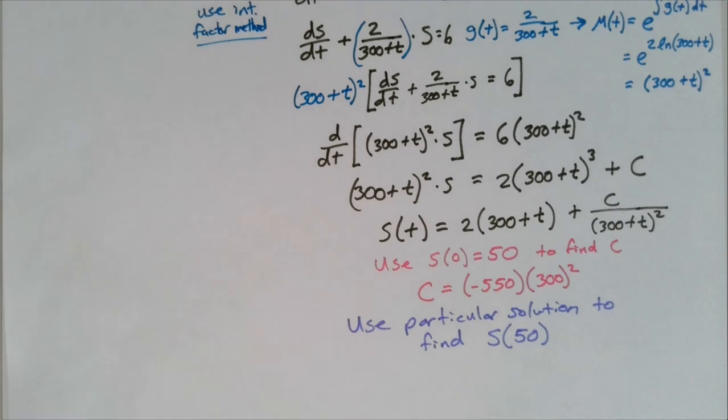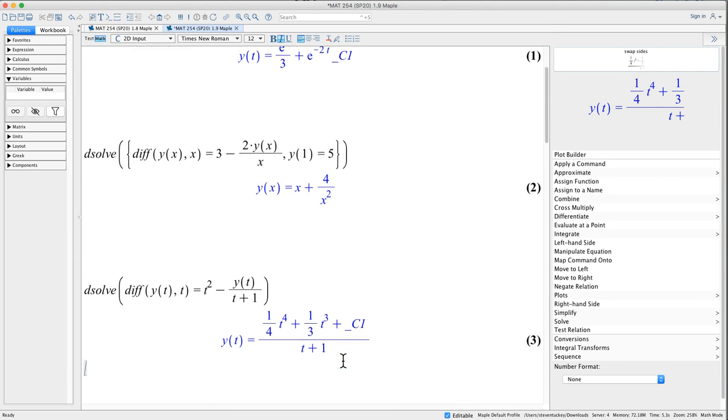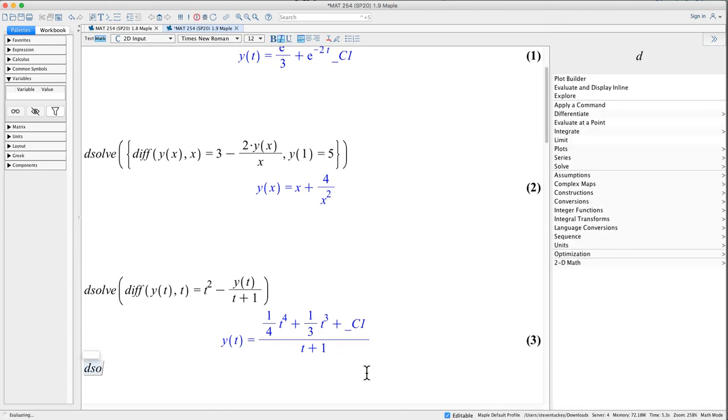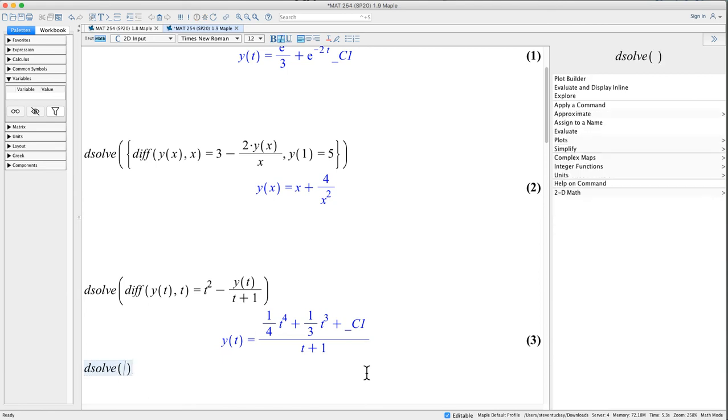And I'm going to do this in Maple. So I'm going to hop over to Maple and say, hey, Maple, I think you can help me with this. I'm going to have Maple dsolve this problem all in one go, which means I have to put it in the brackets. And so I'm just going to type in my differential equation.